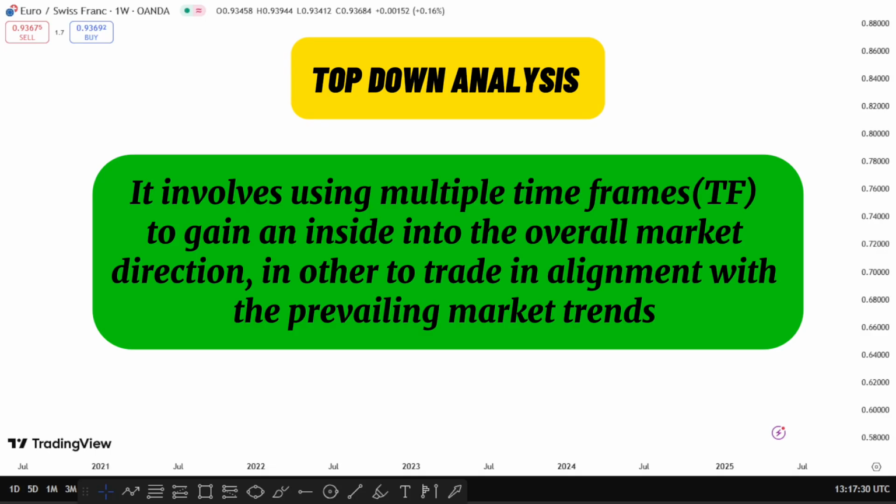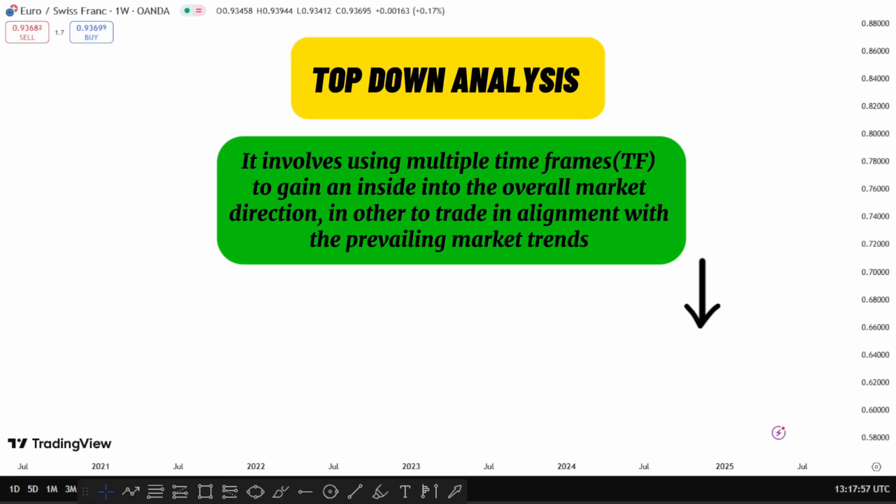So top-down analysis involves using multiple time frames to gain your market bias, an overall market bias, and then going down to the lower time frames to find your edge to trade in alignment with the higher time frame.